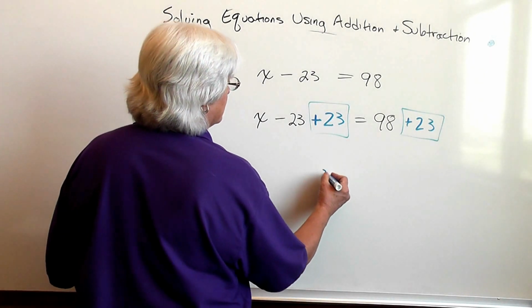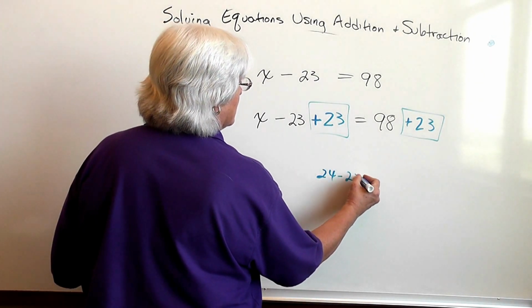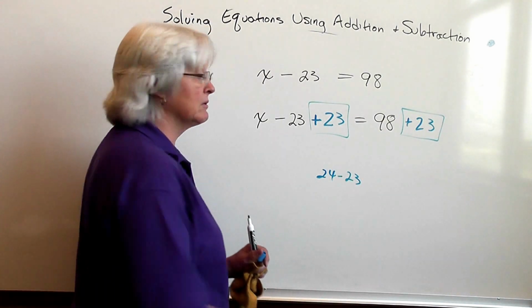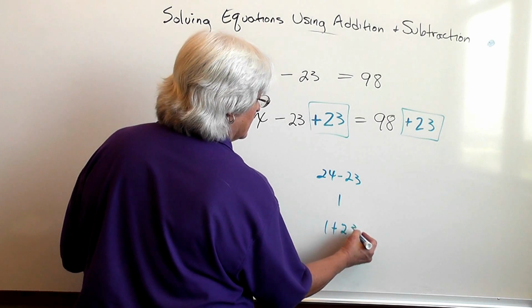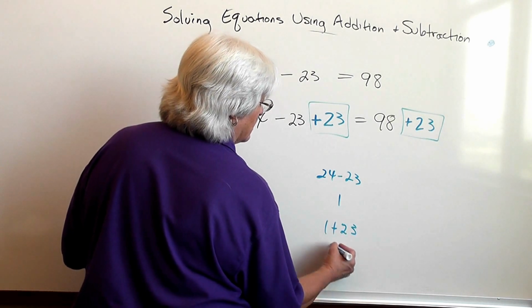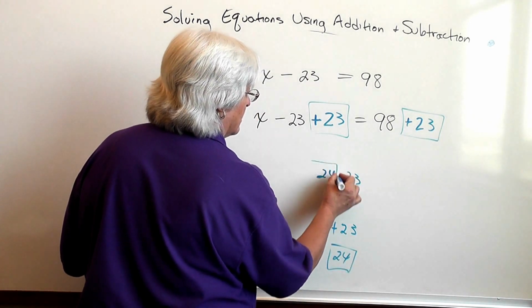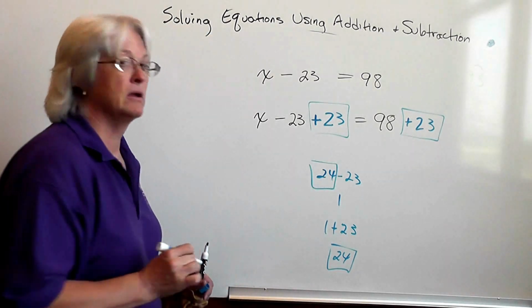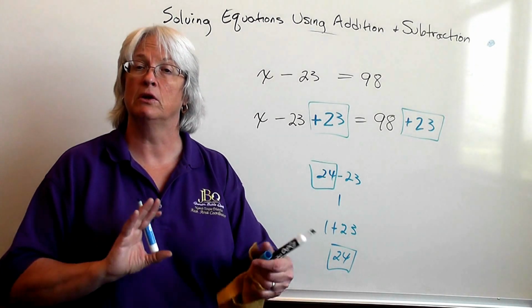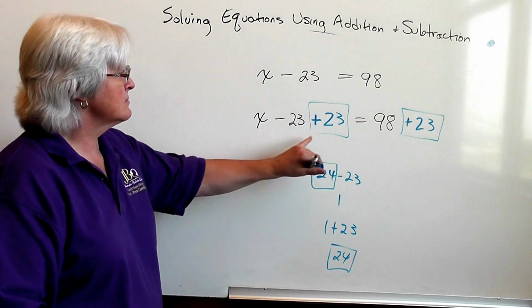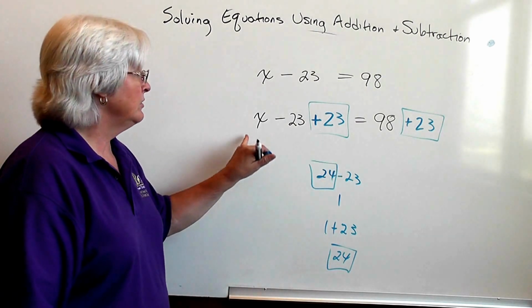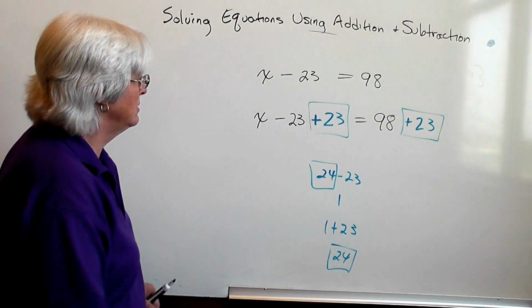Let's say that I say 24 minus 23. What's 24 minus 23? It's 1. And then I'm going to add 23 to it again. The value doesn't change. When you use inverse operations properly, you add and subtract the same number, your initial value doesn't change.